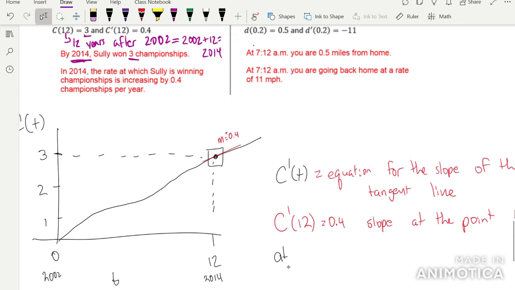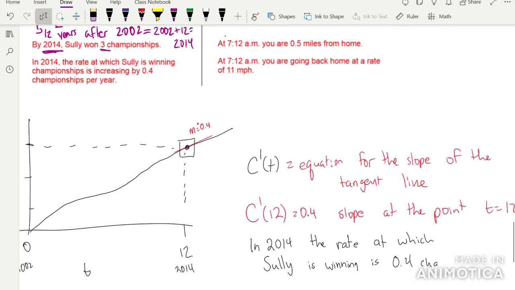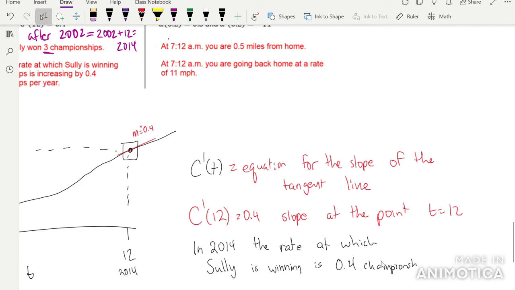So in 2014, the rate at which, oops, spelling Friday, is, well, if we're sticking with units, 0.4 championships per year. Because remember, our units are y over x.